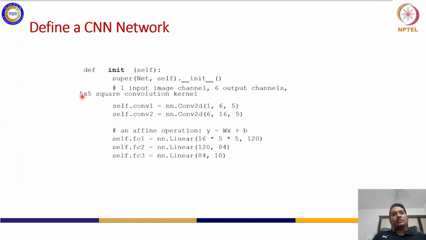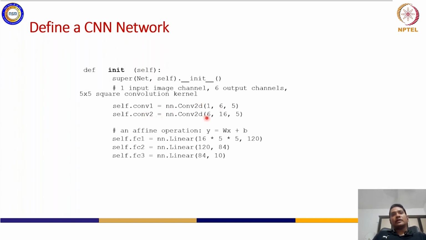Here we are using a 5 cross 5 square convolution kernel, that is why 5. If you don't have square kernels, you can define them with a comma and parentheses with the dimensions. So if you are using a 5 cross 4 convolution kernel, then you can use 5 comma 4 in parentheses to define your irregular convolution kernel, which we don't use often.